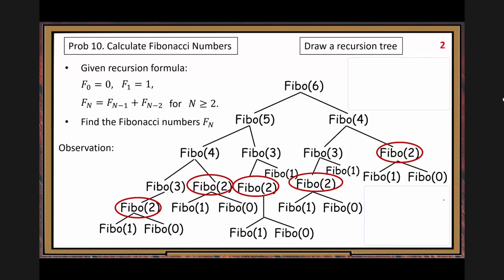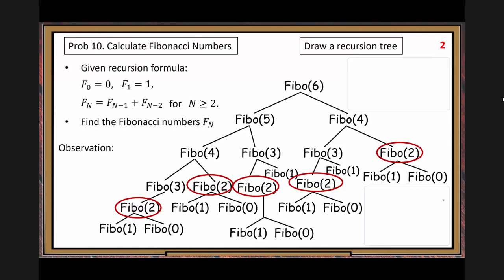The ideal calculation, we only need to calculate each Fibonacci number once, right? Other than one calculation for each Fibonacci number, all other calculations are redundant. So we should eliminate the redundant calculation to get an efficient algorithm.